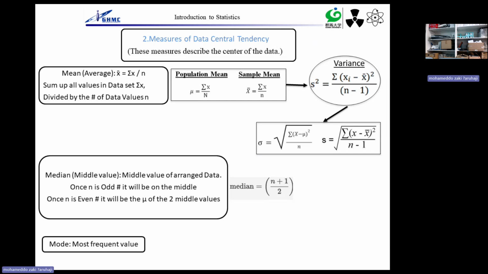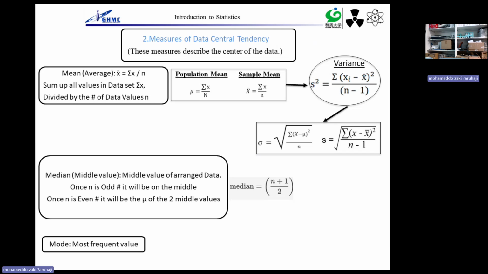To find the median, we have to arrange our data. After arranging our data, if the number of elements in the data is odd, for example 1, 2, 3, 4, 5, the median is the one in the middle.